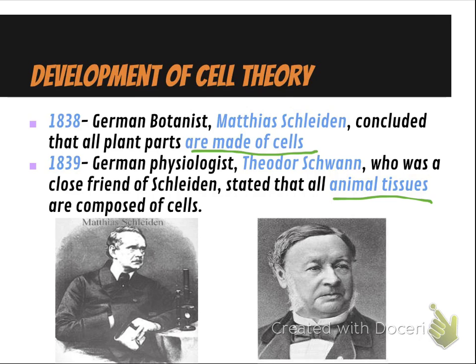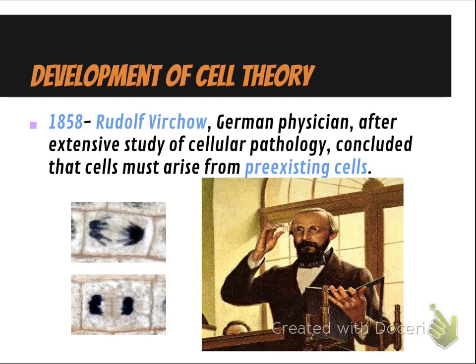It wasn't until our next scientist in 1858, notice that we have an addition of 15 to 20 years there, where Rudolf Virchow, a German physician, actually began to look at how cells turn into new cells. And what he noticed is that all cells must arise from pre-existing cells.